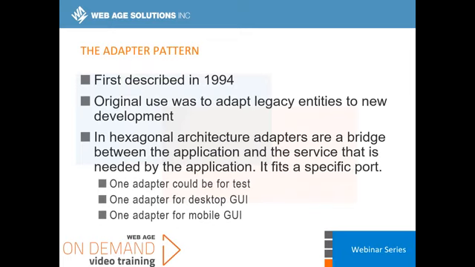I used it once where a set of services that was developed using the C++ language was delivered to me, and my user interface was described in Visual Basic. And so in the API for the services, there were things like pointers to pointers, and Visual Basic was totally confused about pointers. And so it became necessary to write an adapter.